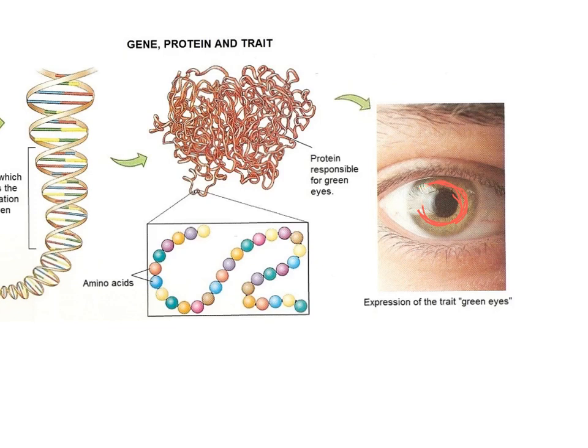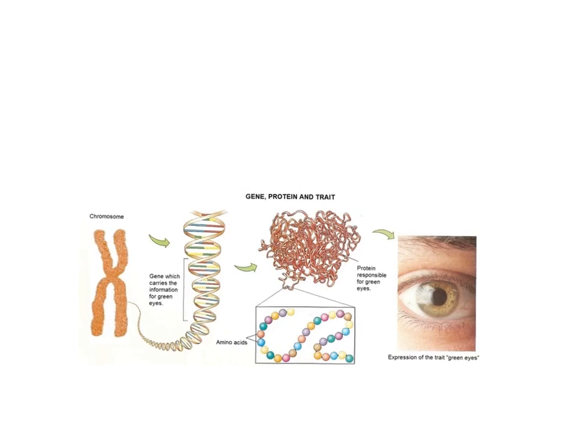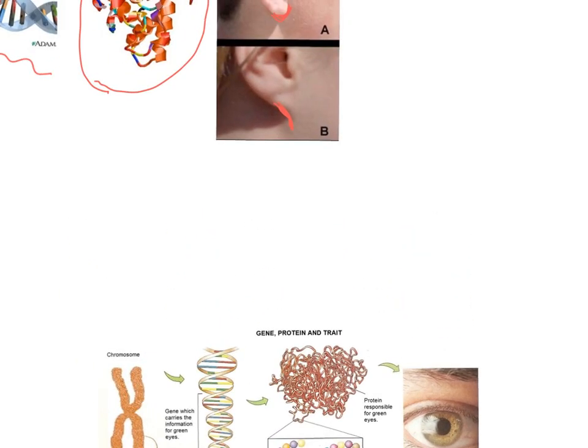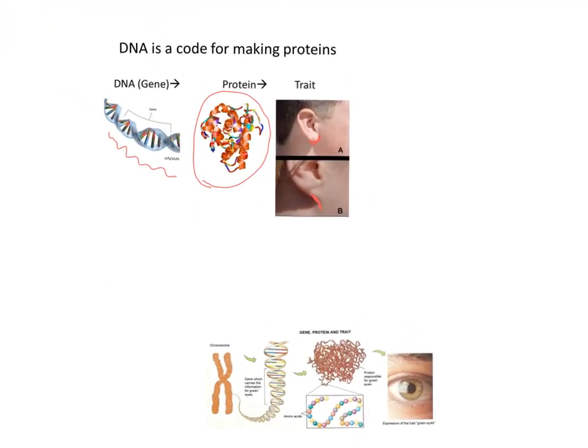And so the function of that particular protein is that it provides, in this case, the green color in the eyes, right? So that is how proteins direct certain functions or traits that we see expressed in all organisms, okay?